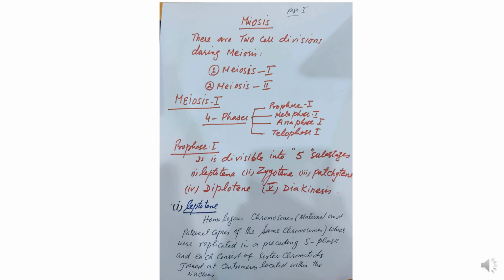What is leptotene? In leptotene, the homologous chromosomes, maternal and paternal, maternal meaning mother and paternal meaning father, copies of the same chromosomes, which are replicated in a preceding S phase, each consist of sister chromatids joined at the centromere, located within the nucleus.